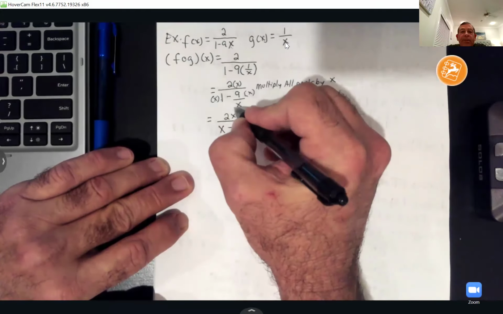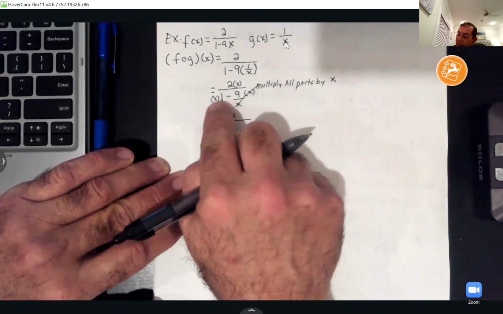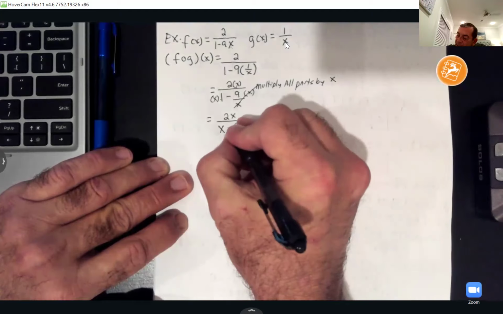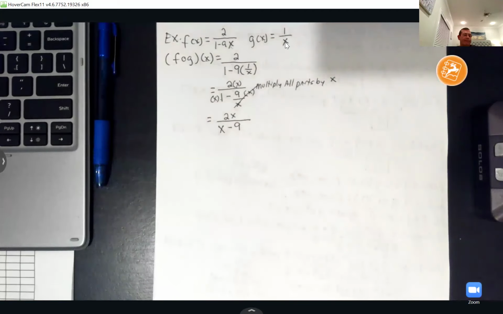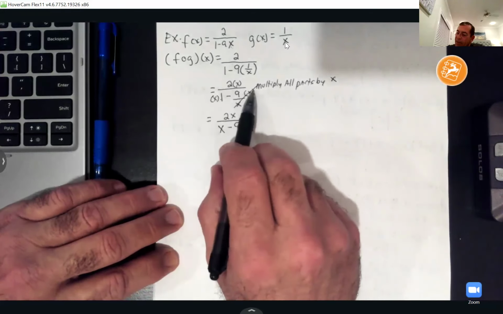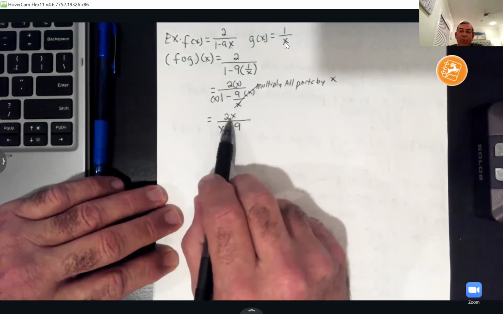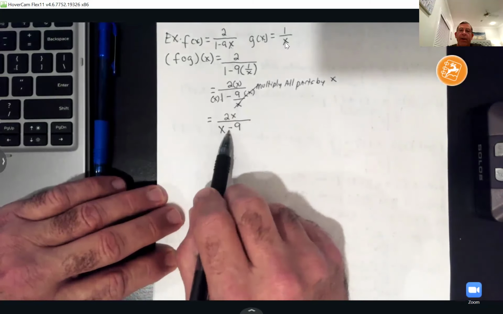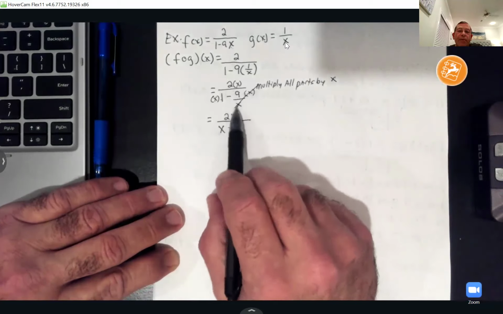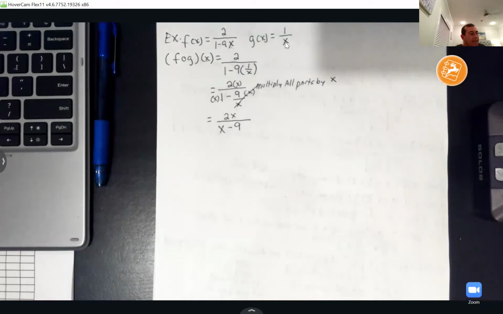But y'all, these x's are going to cancel out so that I get an x minus 9 on the bottom. And really, that's the only move you have to do to this one is multiply by the x's. Now I got a normal fraction. I got a numerator and a denominator. I no longer have a fraction inside of a fraction, okay?